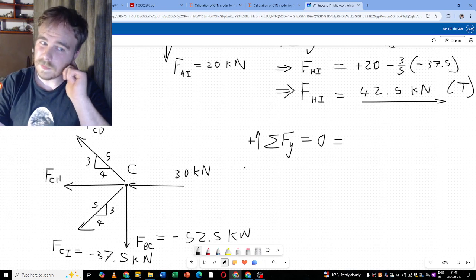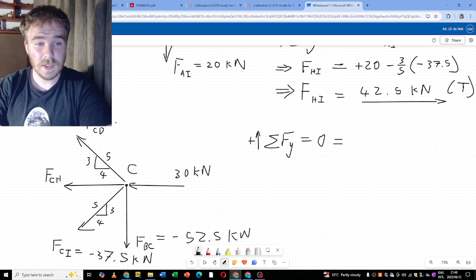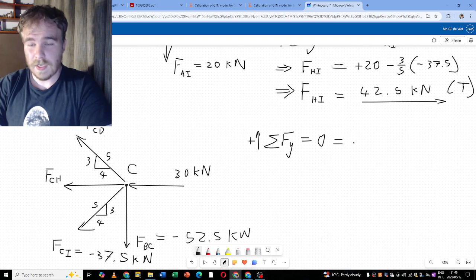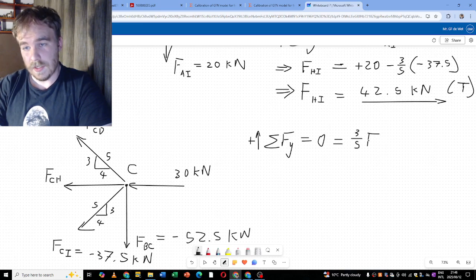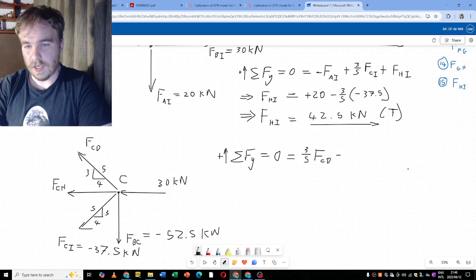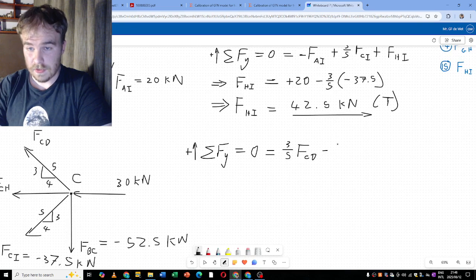Okay, now we can go specify things. So let's start off with FCD, and it is in the positive Y direction, so 3 over 5 times FCD. Then minus, let's do CI next, minus 3 over 5 FCI.